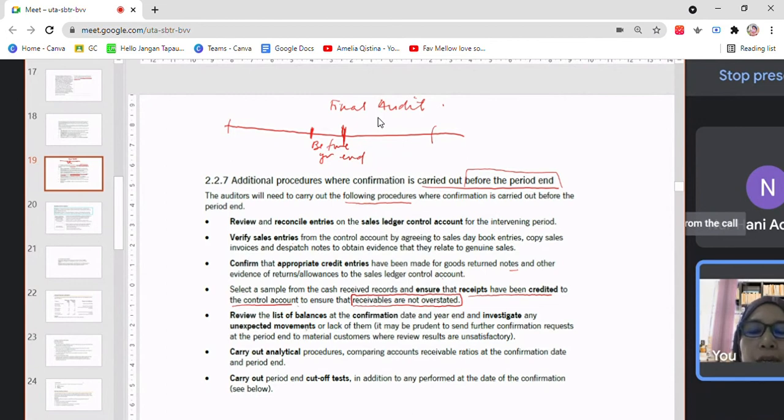Carry out analytical procedures comparing accounts receivable ratio at the confirmation date and period end. And carry out a cut-off test, so you look at the GDN before and after.